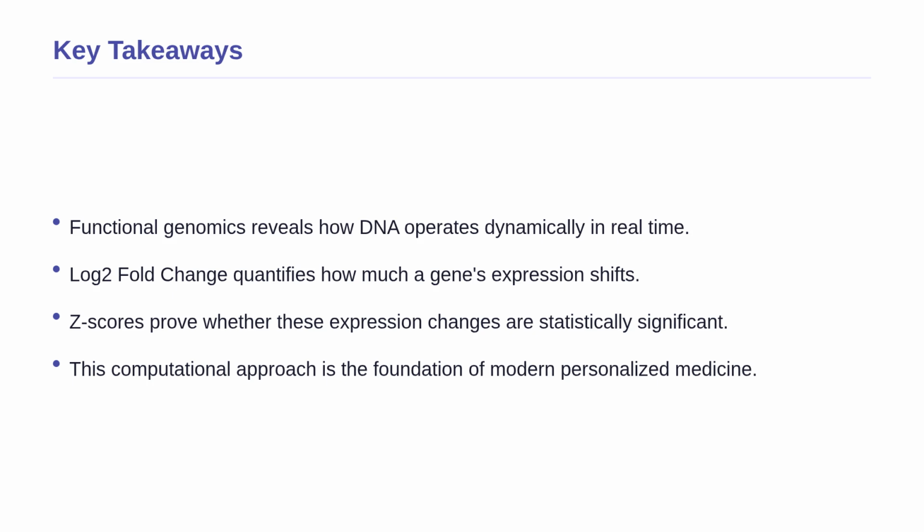Finally, this powerful combination of high-throughput biology and computational mathematics forms the foundation of modern personalized medicine. You now understand how we do not just read the book of life, but actually comprehend its meaning and mechanics. Great job!